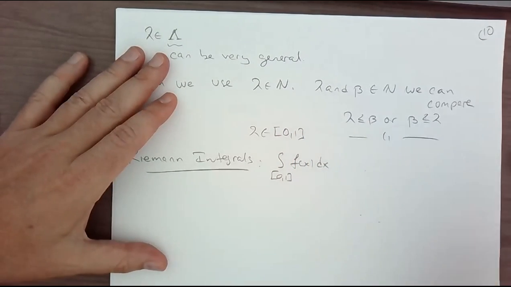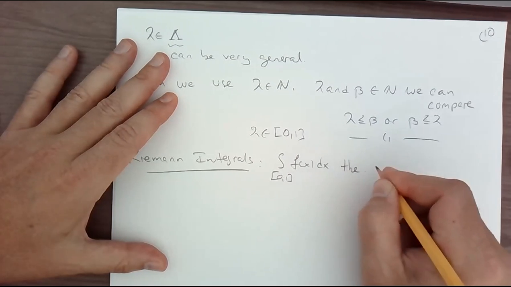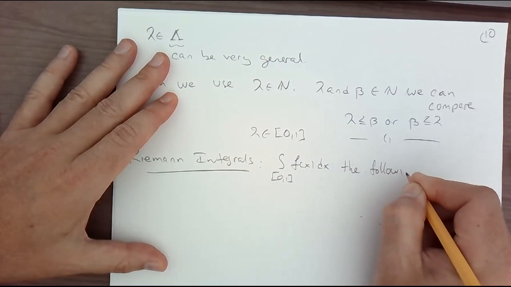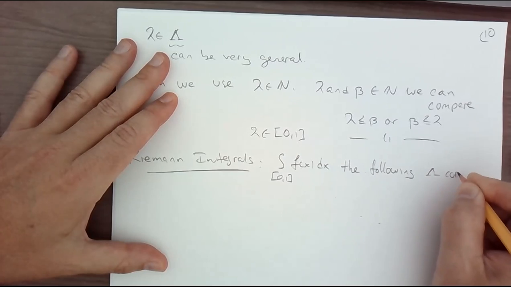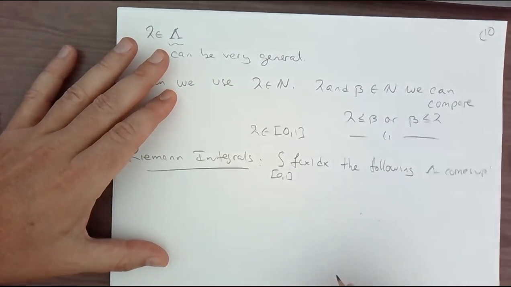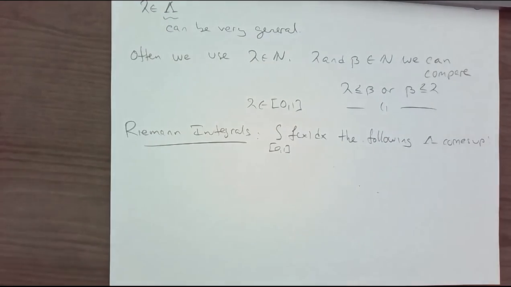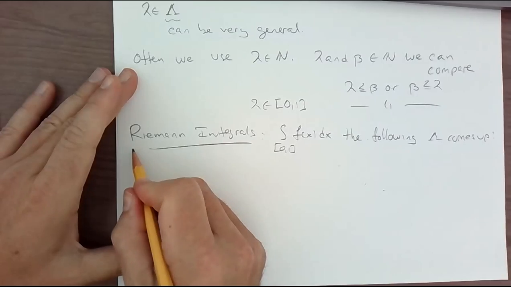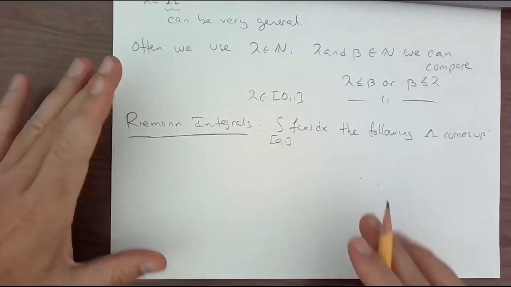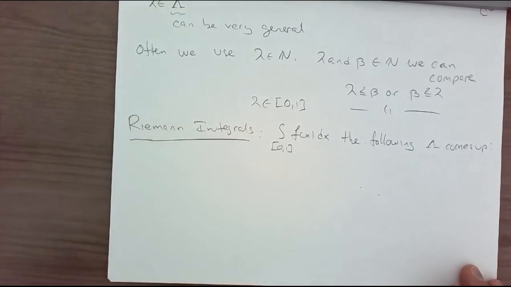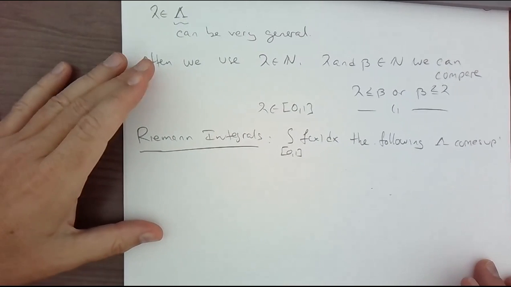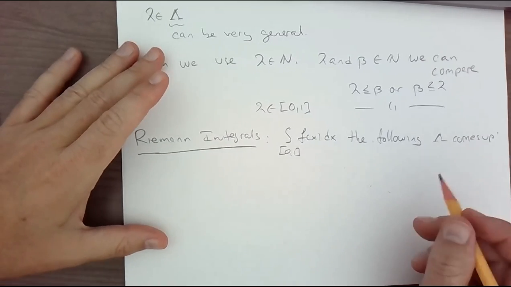So for the Riemann integral, the following lambda comes up. And we're going to be doing Riemann integrals in a few weeks. So we're going to be doing Riemann integration at some point in the upcoming weeks. This set here comes up, and so what is it?